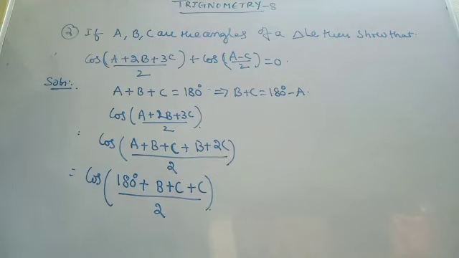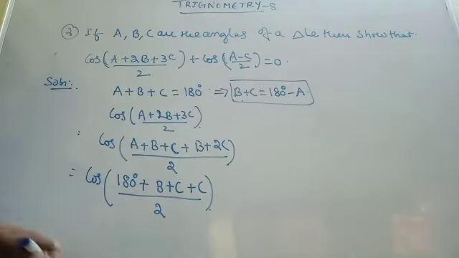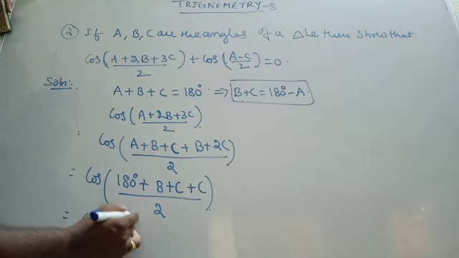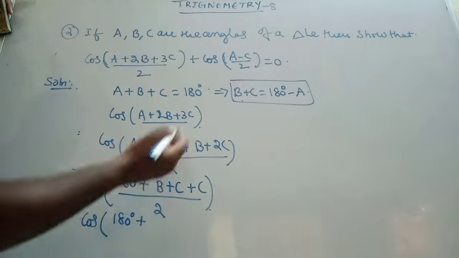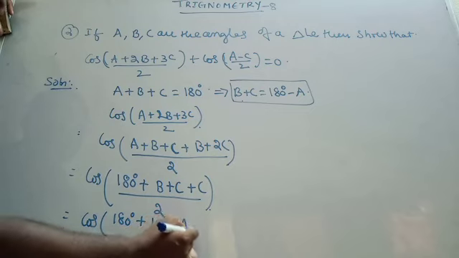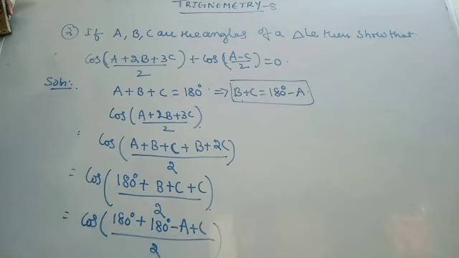And let us write that here. Okay, let us use this fact and substitute here like this. This is equal to, we are going to get cos of 180 degrees plus B plus C, already we got it as 180 degrees minus A, plus C, whole by 2, like this. Okay, wonderful.